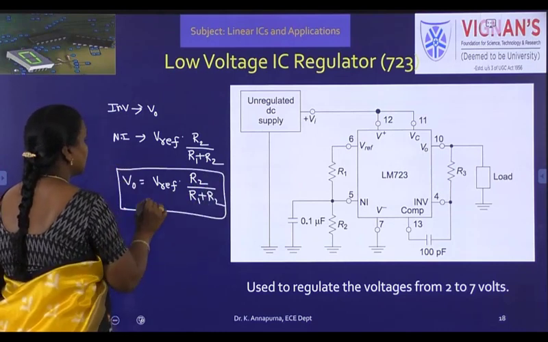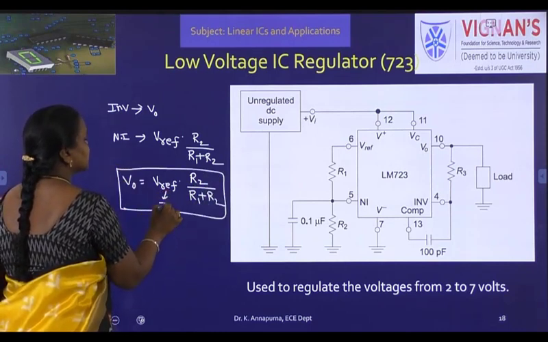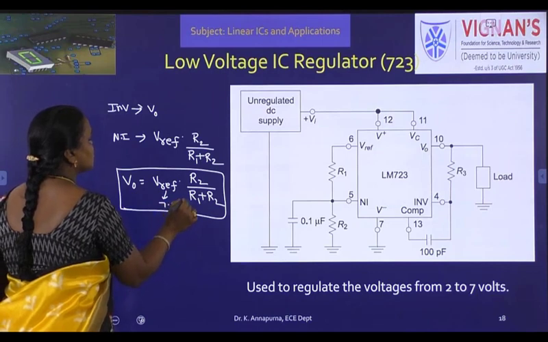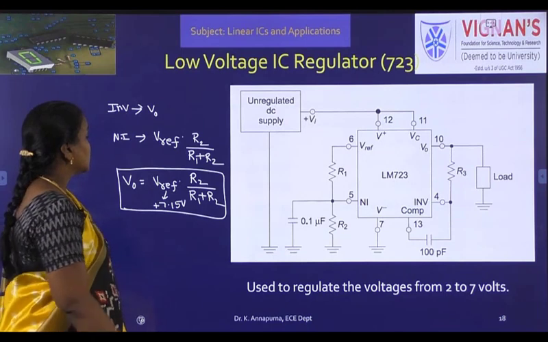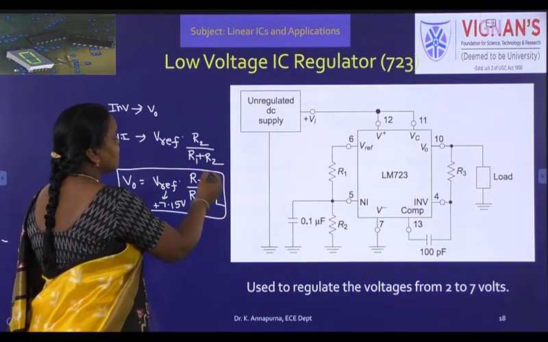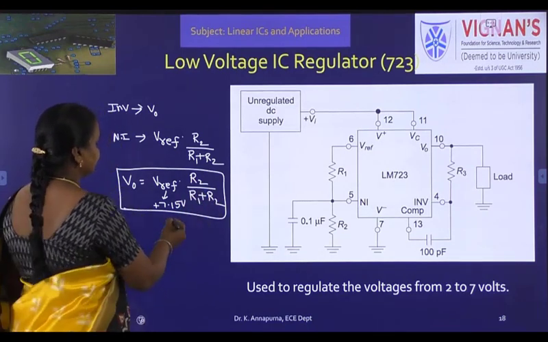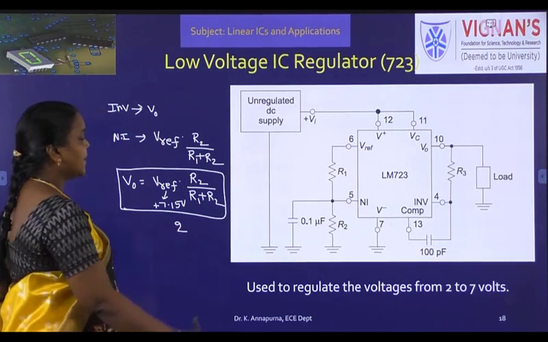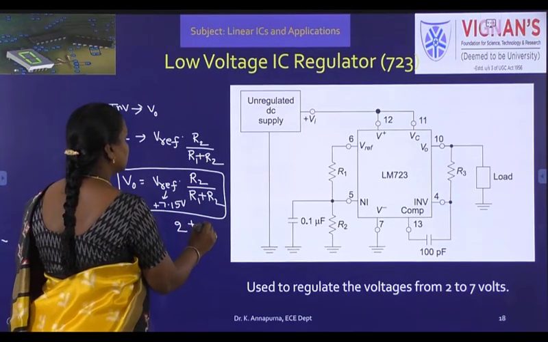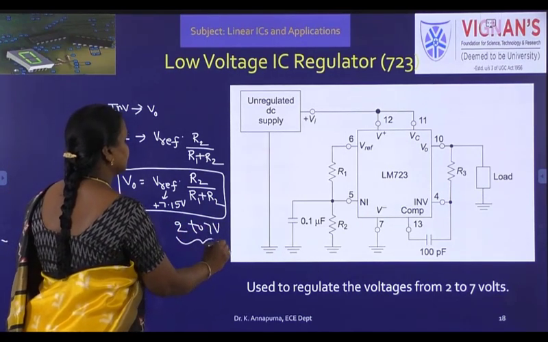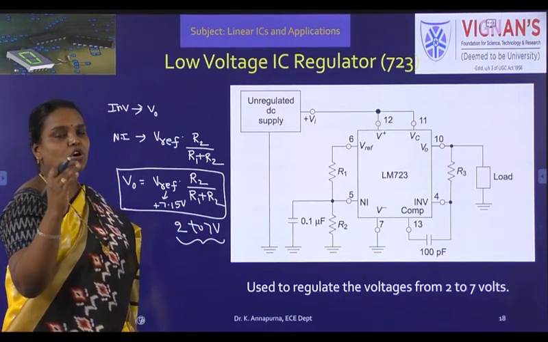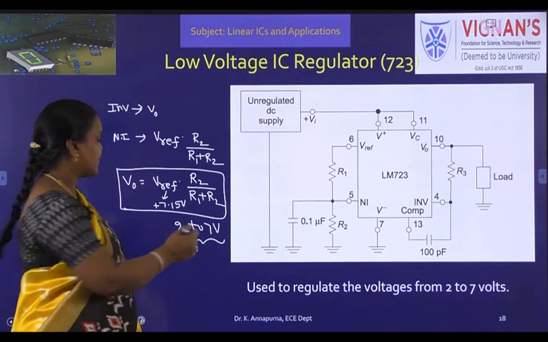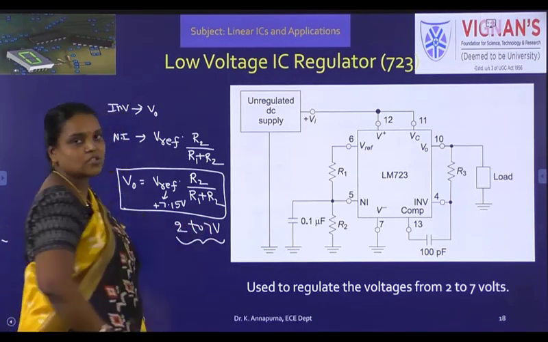And here generally the reference is some 7.15 volts. Okay, so based on R2 and R1 values, we can get the voltages from 2 to 7. So this regulator can be used to give constant DC output for voltages 2 to 7 volts.